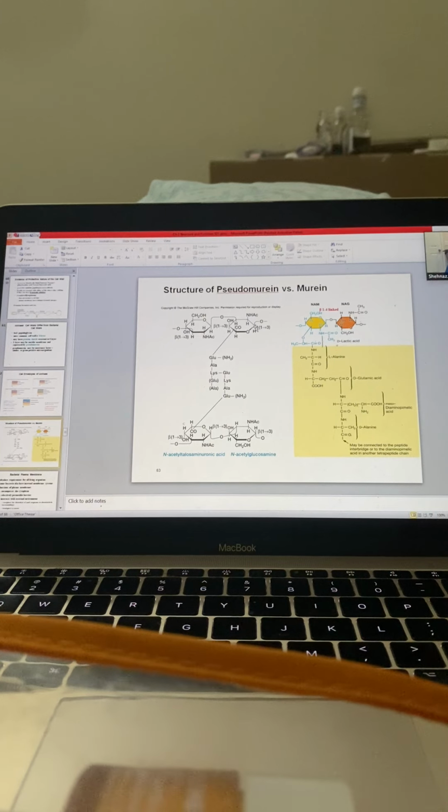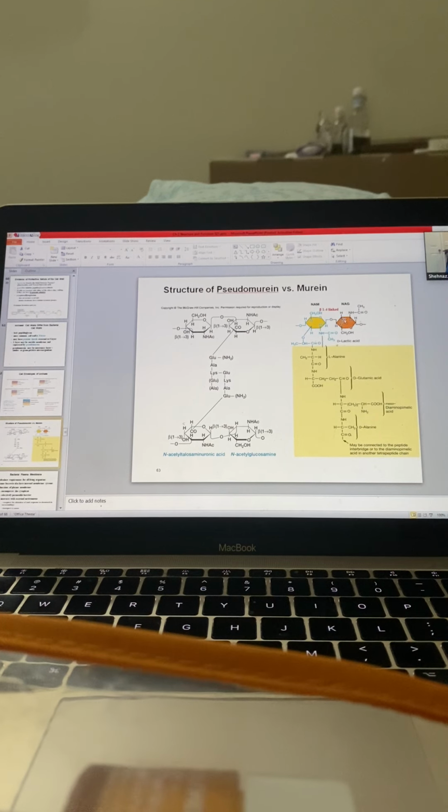Whilst if you look at the pseudomurein, the glucosamine is still there, but instead of muramic acid, this is a uronic acid. So this is a little different structure. And of course, there is the peptide side chain, but there is no NAM, as you would call it. And the linkage is also very different. In murein it is a beta-1,4 linkage between the two sugar moieties in the backbone. Here it is a beta-1,3 linkage.